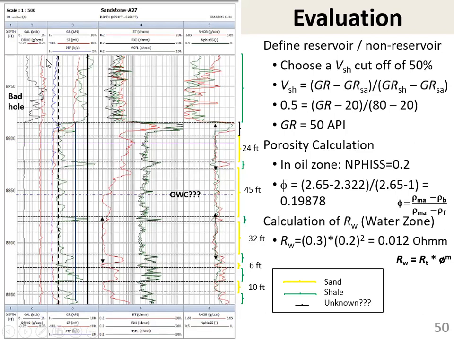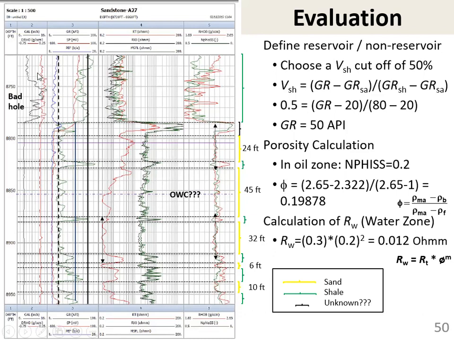So this is 0.25, this is 0.15, this is 0.05, and then this is minus 0.05. So you see that it increases from about 0.05 here.